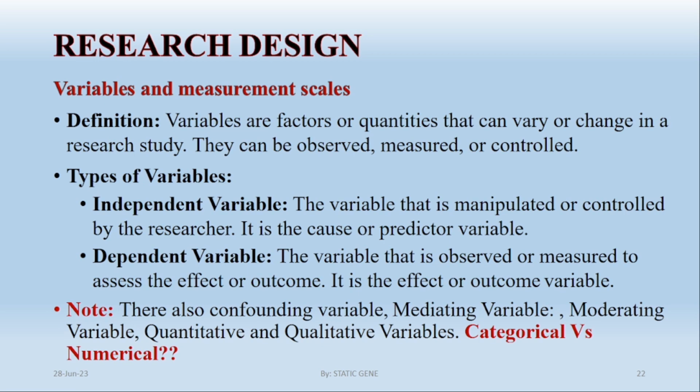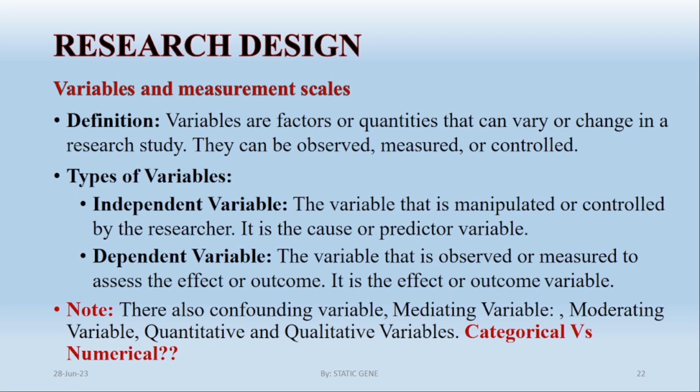You have the independent variable and then the dependent variable. Independent variables are those that can be manipulated or controlled by the researcher. It causes a predictor to change. It can be called a predictor. Let me give you an example. If the outcome of interest is job promotion, the question is, what can make you be promoted?